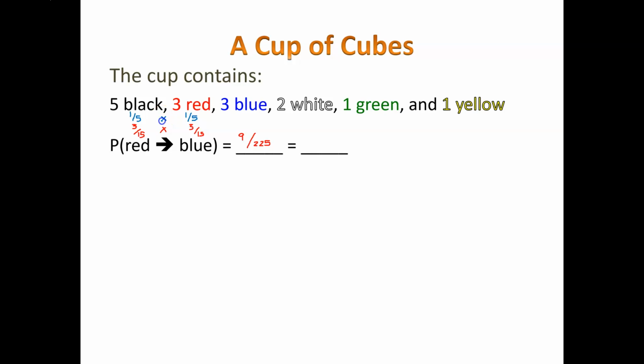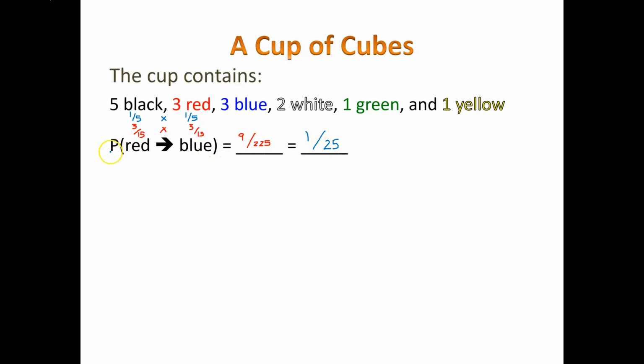Multiply those together. 1 times 1 across the top is 1. 5 times 5 across the bottom is 25. So that's our simplified answer. And this is the same thing that you would get if you simplified from this fraction. 9 divided by 9 is 1. 225 divided by 9 is 25.